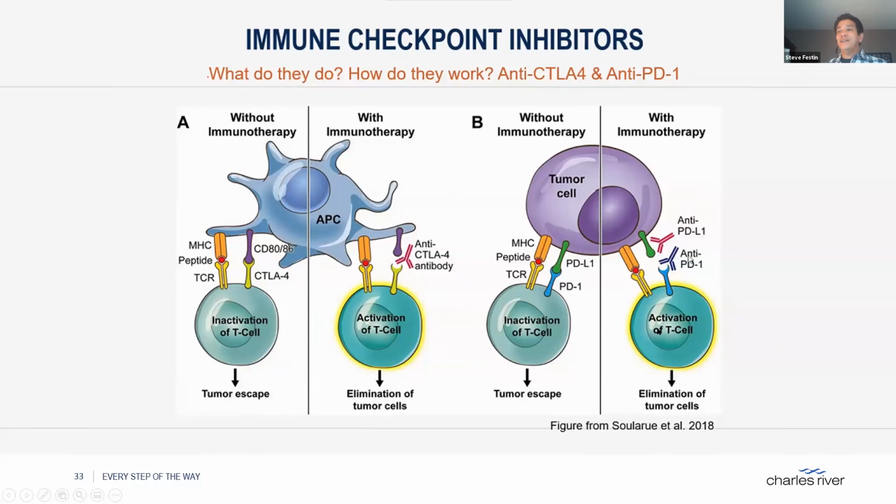And again, that's activation of the T cells, and then the downstream elimination of the tumor by recruitment of both human and, we've seen, mouse cell types in order to modulate the tumor growth.